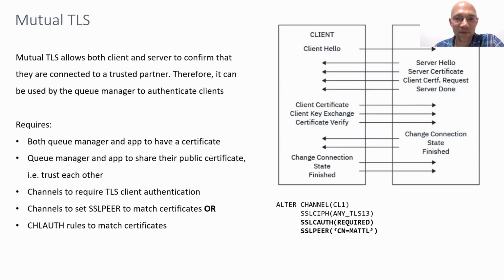They let you define that certain connections where the distinguished name of the certificate or the issuer of the certificate match a certain value can be allowed or can be blocked based on those channel authentication rules. And that's how you make sure that the connection is coming in with a trusted certificate from a trusted partner and exactly the user or the person or application that you expect to be connecting in over this channel.